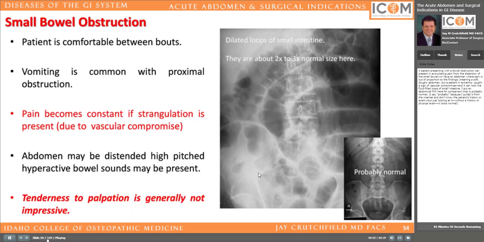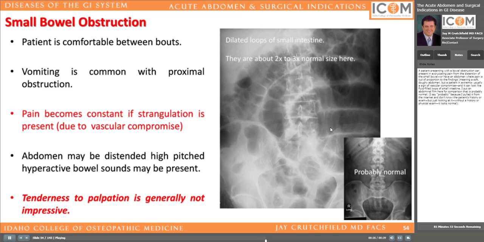A patient presenting with a bowel obstruction can present in excruciating pain from the distension of the small bowel, or have an abdomen where pain is out of proportion to the findings, meaning a soft, doughy abdomen on exam, but the patient is in extremis. This is usually the sign of vascular compromise, and it can look like fluid-filled loops of small intestines.